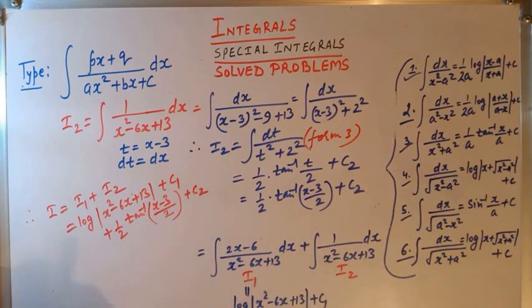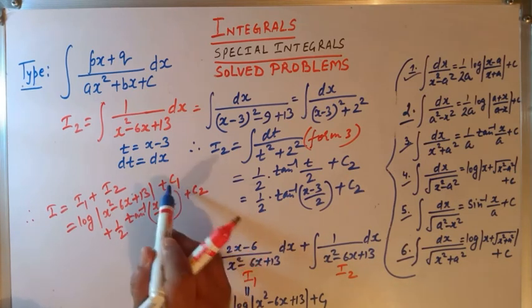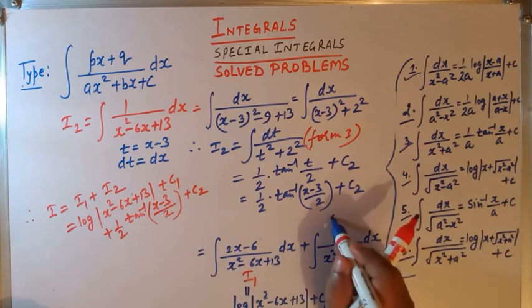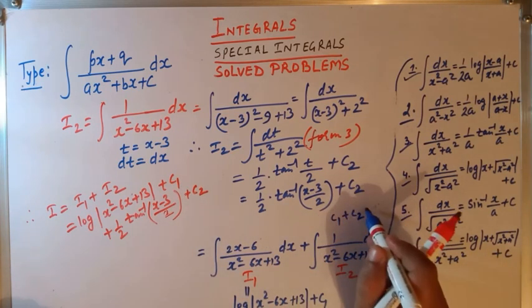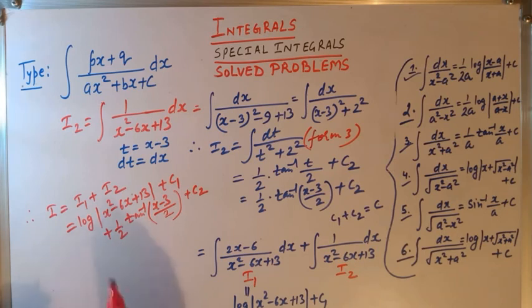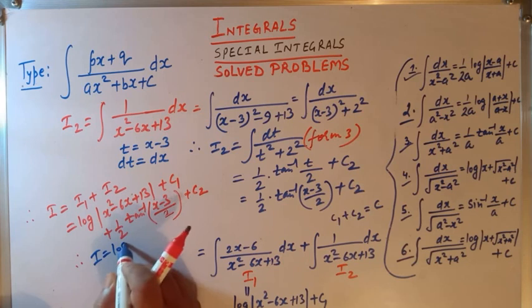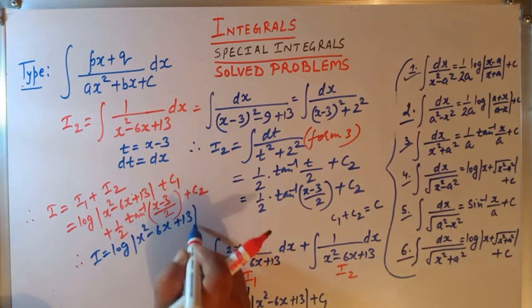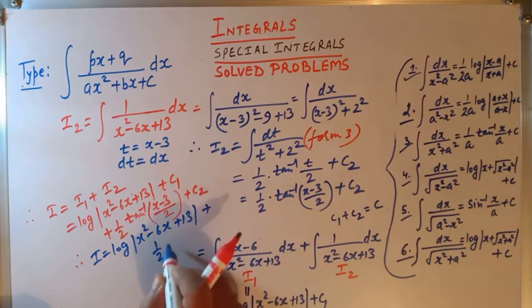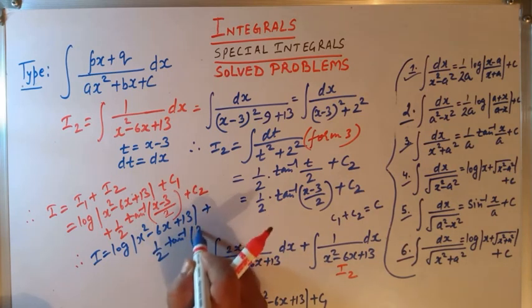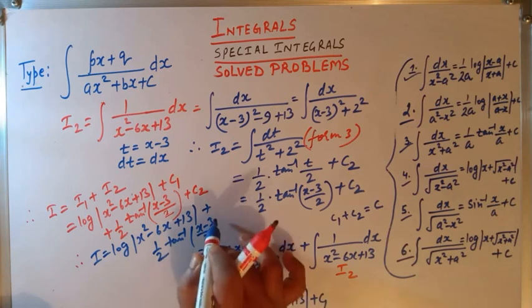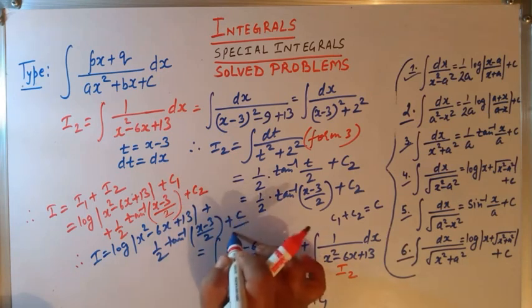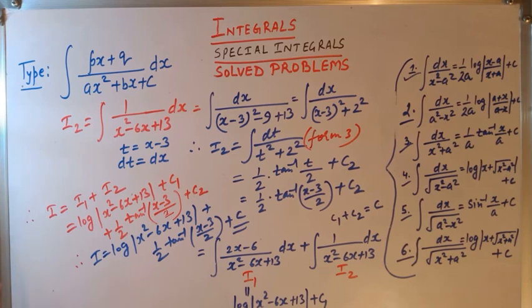Now c1 and c2, the sum of c1 and c2 is some other constant, say c. So therefore I can be written as log of (x square minus 6x plus 13) plus half of tan inverse of (x minus 3) divided by 2 plus c. So this is the required integral of the given function.